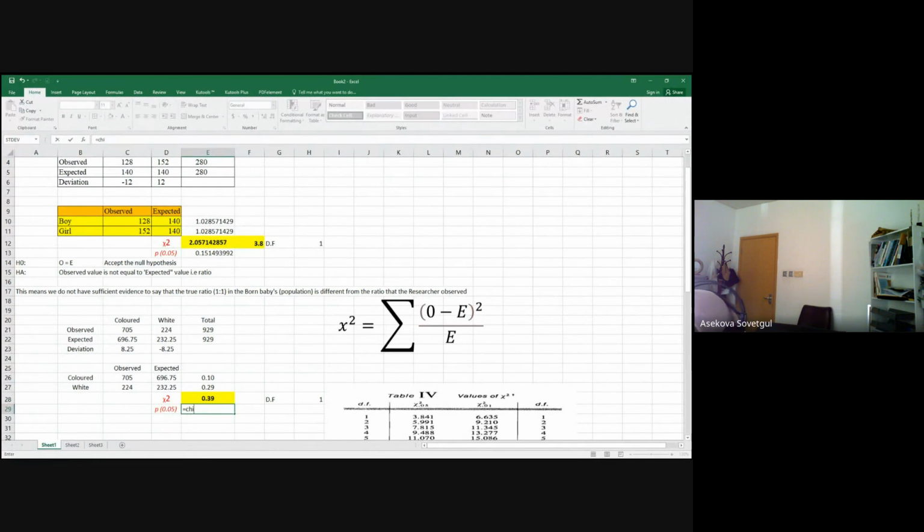It is asking, give me your chi-square obtained value and degrees of freedom. So our chi-square obtained value is 0.39, comma, degrees of freedom is 1 only. Close the bracket.